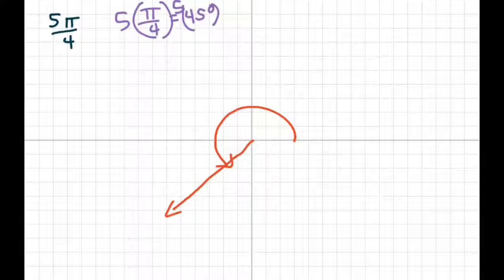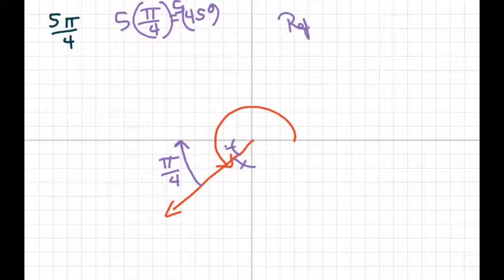To get your reference angle, you draw up to the x-axis, and that's going to be pi over 4, because this was 45 degrees, this is 45, this is 45. So this is pi over 4. That means your reference angle equals pi over 4.